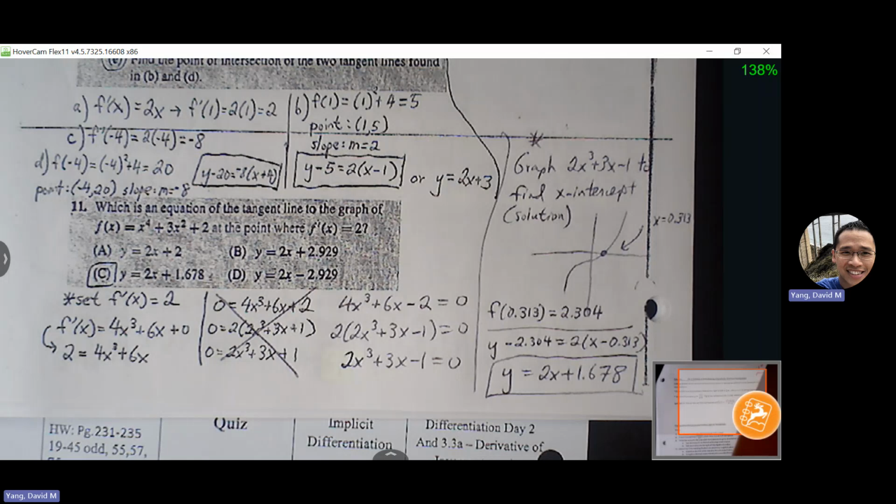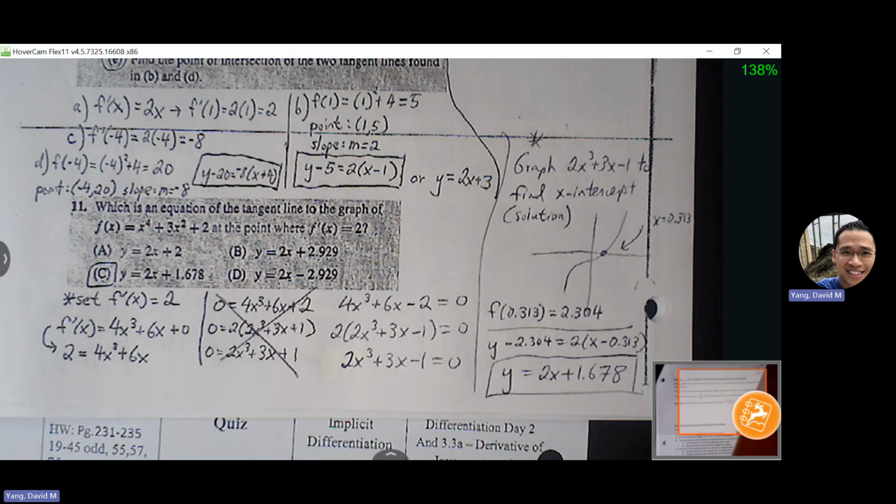Using the derivative function, when is the graph going to experience a slope of 2? So I'll replace f prime with 2 and set that equal to 4x cubed plus 6x. But if I bring everything over to one side, even if I factor out the 2, this is tough to solve algebraically. We can't use the quadratic formula, we can't factor. So we're going to have to graph this.